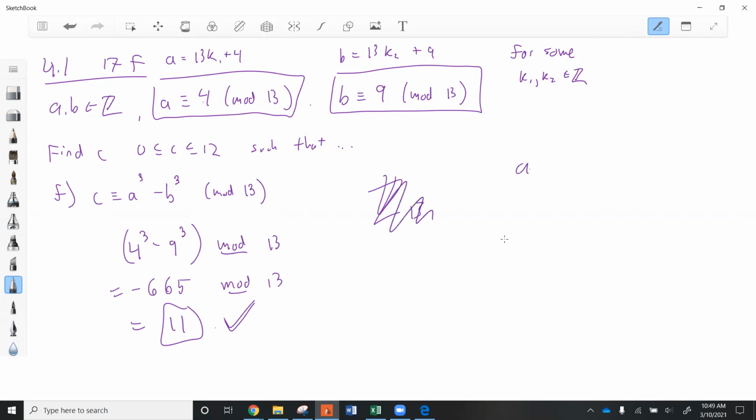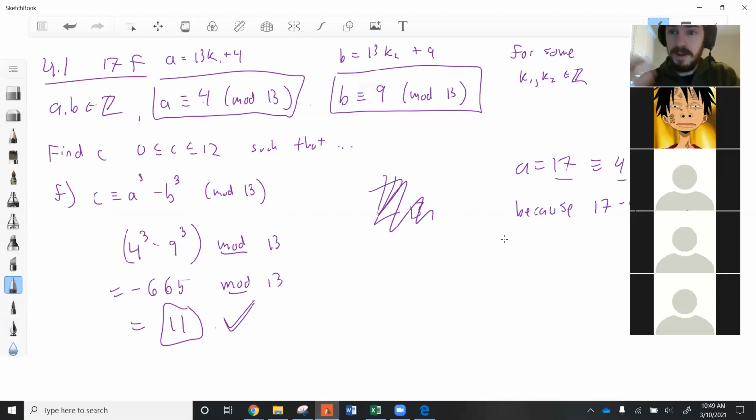We could have had A equal 17, and that's still congruent to 4 mod 13, because 17 minus 4 is 13, which is a multiple of 13. These two numbers differ by a multiple of 13. In other words, 13 divides their difference, which is actually the way it's defined in the book. It's an equivalent definition.